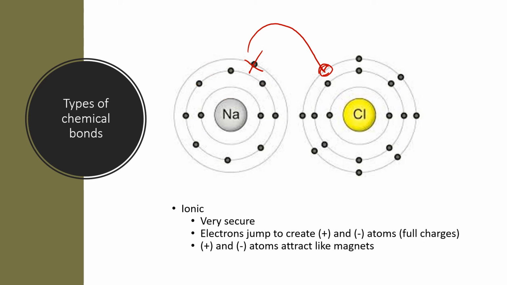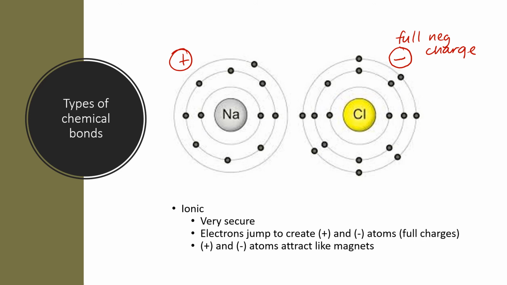Now, because chlorine stole 1 full electron from sodium, this end of the molecule now has a full negative charge, and you represent it with a minus sign in a circle. Full negative charge. And sodium now has a fully positive end because it flat out lost an electron.